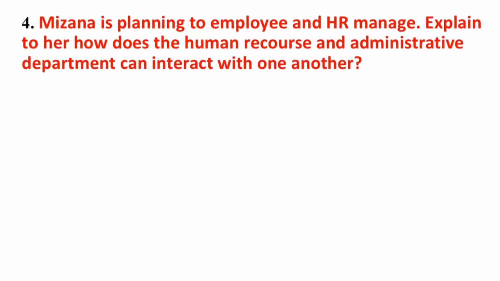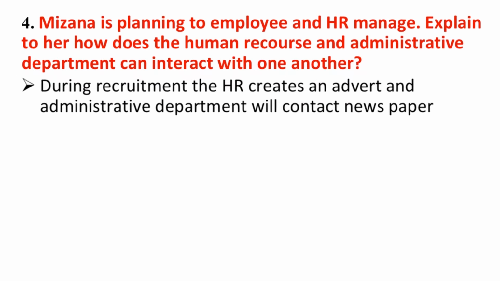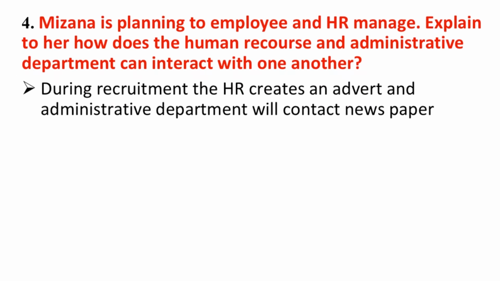Mizana is now planning to employ the HR manager and explain to her how the HR and the administration department can interact with one another. Now, the first thing, during the recruitment process, the HR, which is the human resource department, creates an advertisement and the administrative department will contact the newspaper.